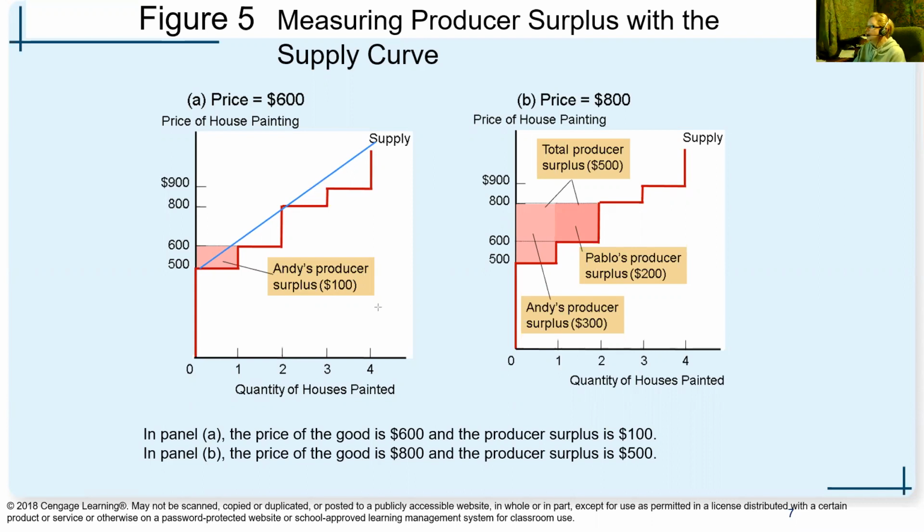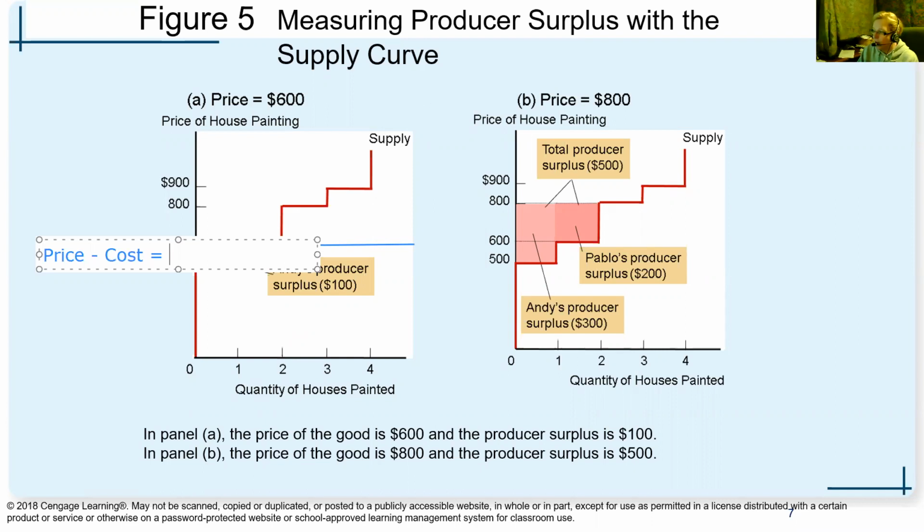So that's how we have looked at it so far in the course, but now we're breaking it down into each individual supplier. Okay, so if the price, and I'm just going to draw a line around price here, is $600, we see that only one supplier is willing and able to do that. And so if we wanted to calculate the producer surplus, we would take the price minus the cost.